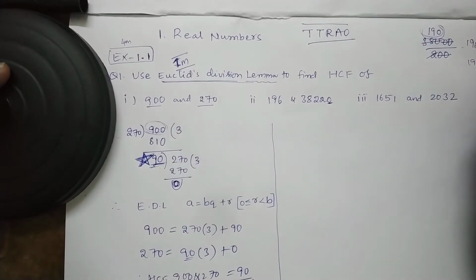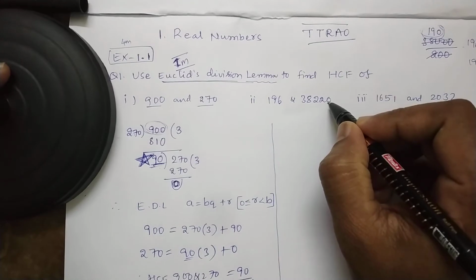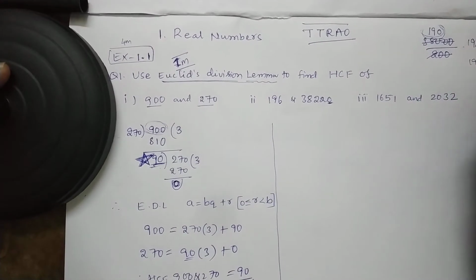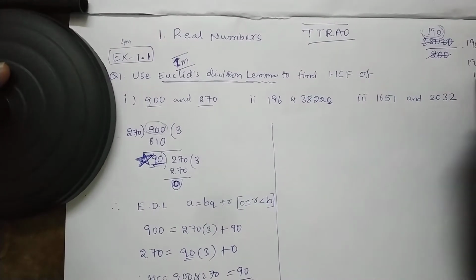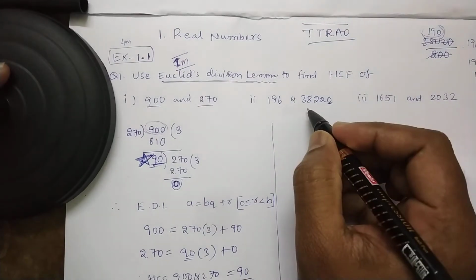Now try 191, but that is not possible. Take 196 into 2, 2 sixes are 12, but the ending digit here is 9. Like that, by trial and error, if you go up to 5 times, it will divide exactly.